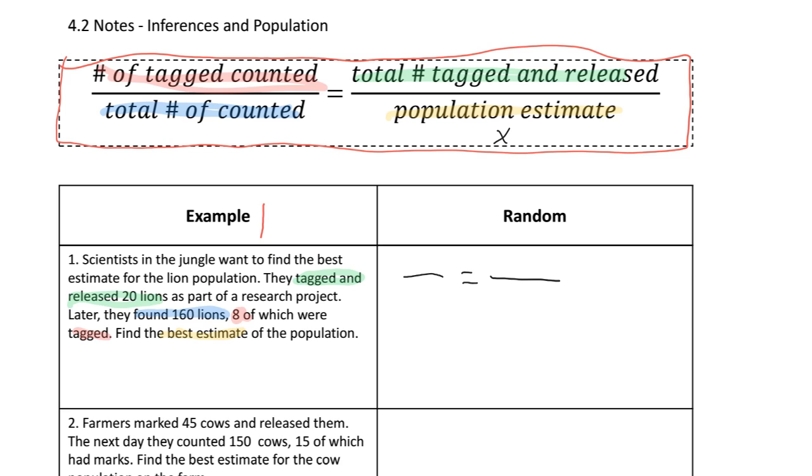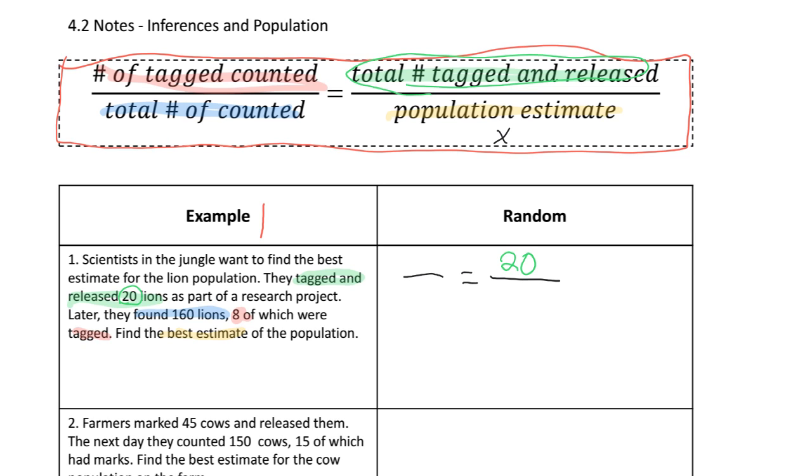The first thing I underlined is they tagged and released 20 lions. It says tagged and released right here, so the total number they tagged and released should go on the left side in the numerator. So that's going to go here.